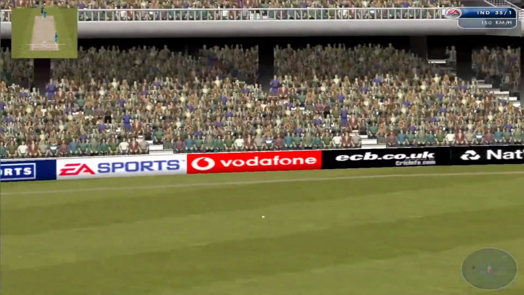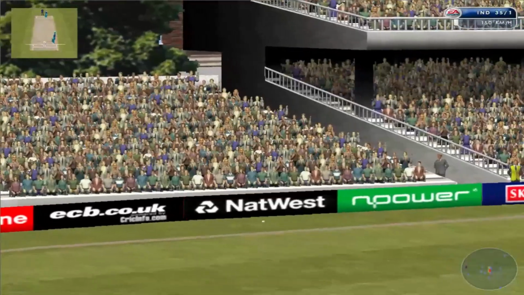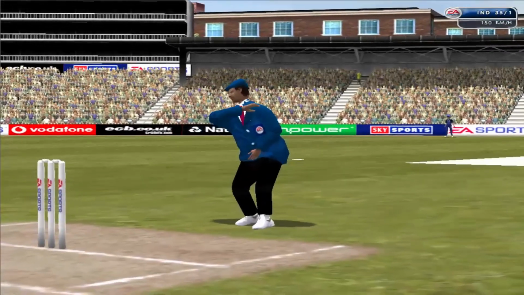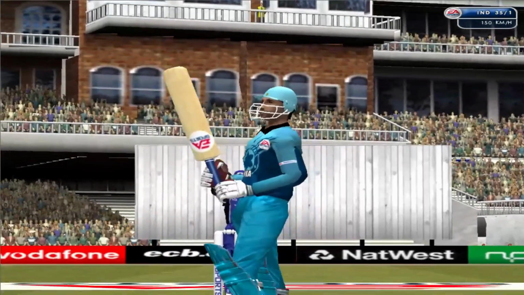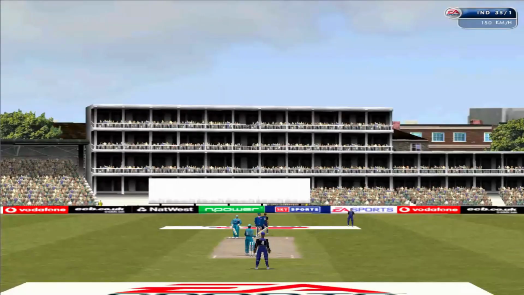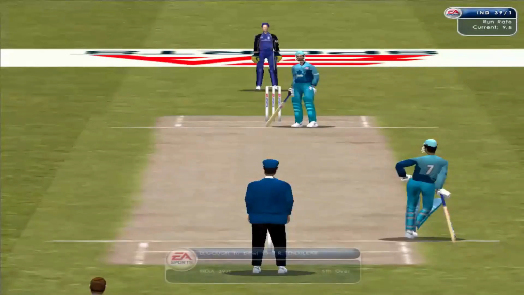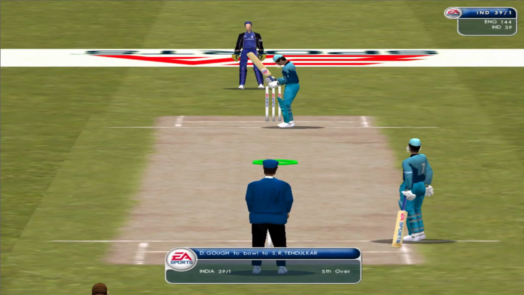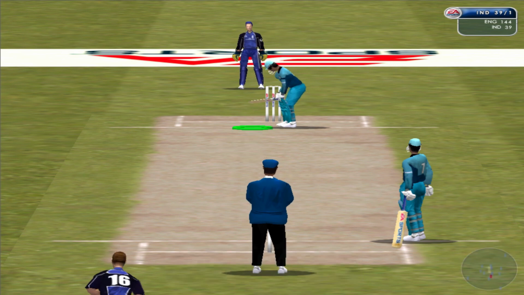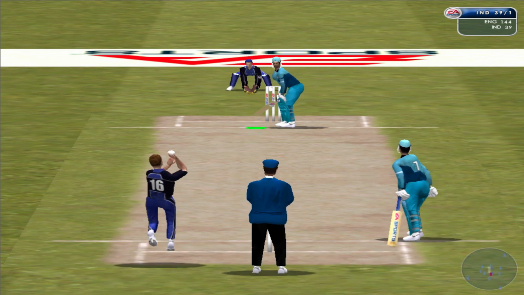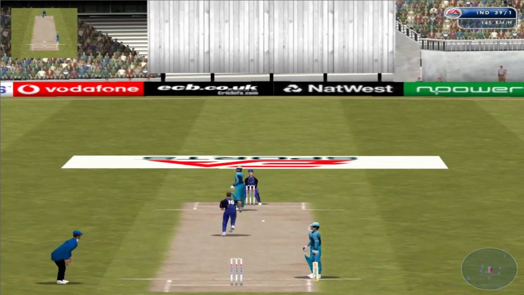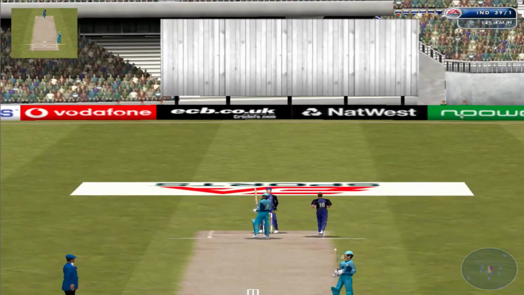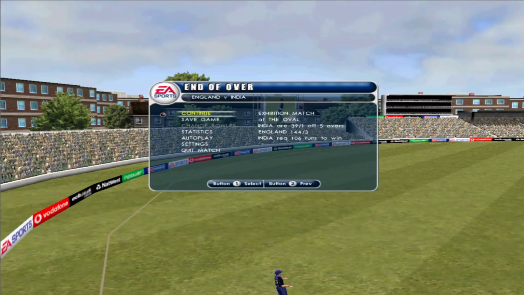Well, that'll beat the fielder. Goff is not impressed. That came right out of the meat. Excellent shot. That's the end of the 5th over.